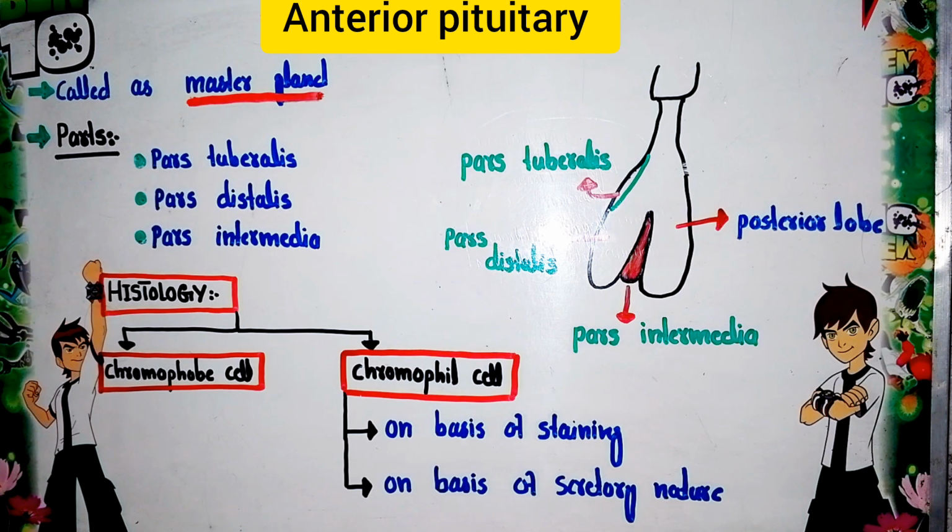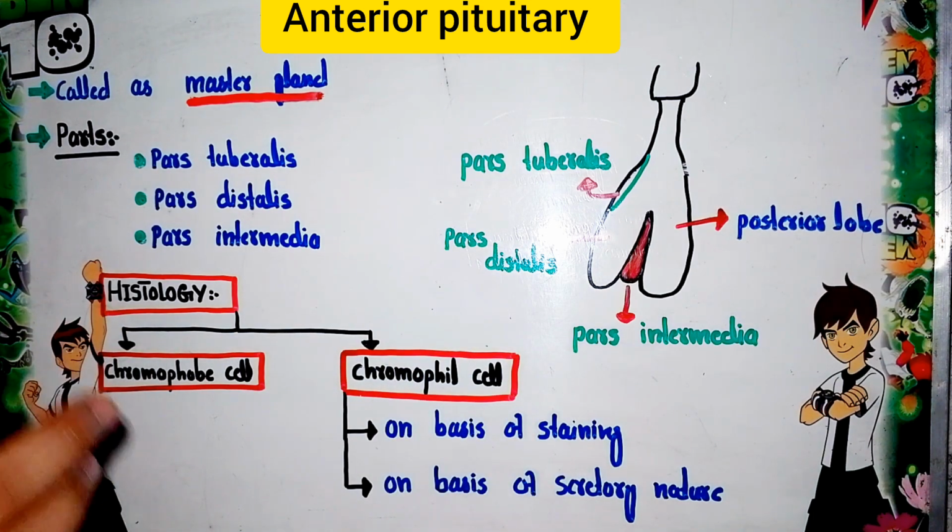The first classification of the chromophil cells is on the basis of staining, that is, what type of stain they take, either acidic or basic stain. And the second classification is based on the secretory nature, that is, what type of hormone is secreted by these chromophil cells.